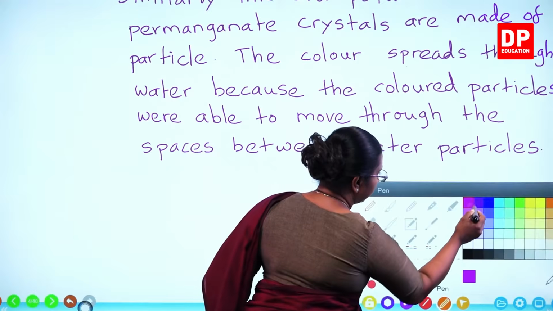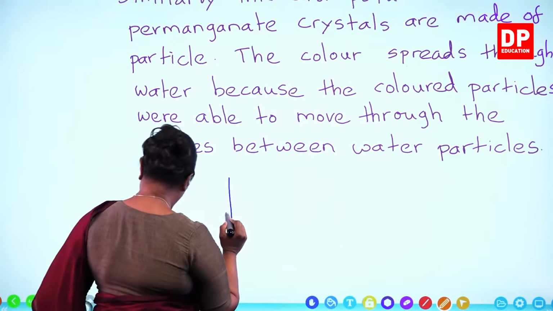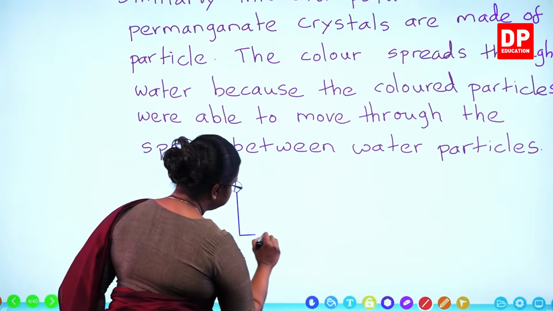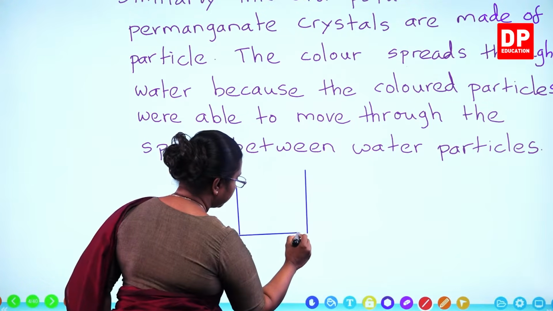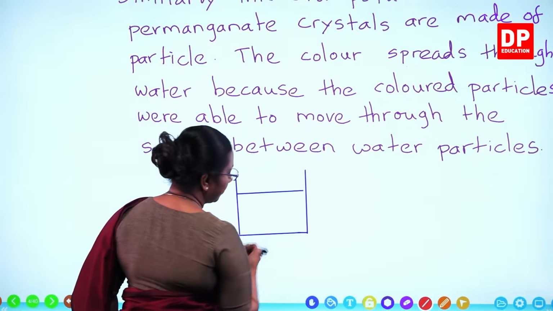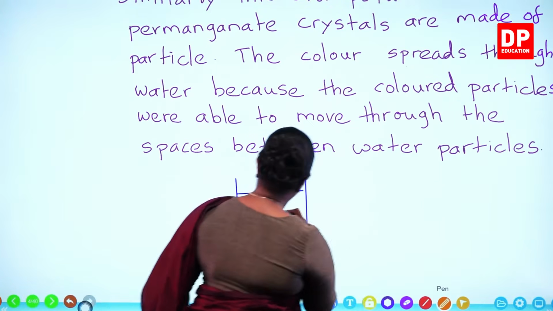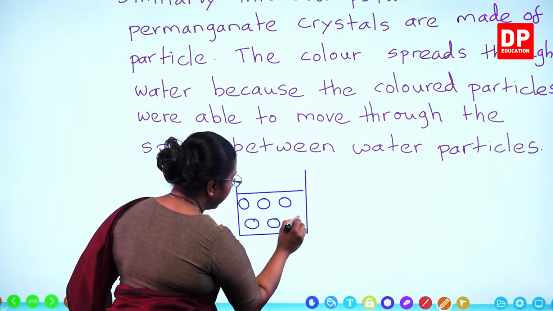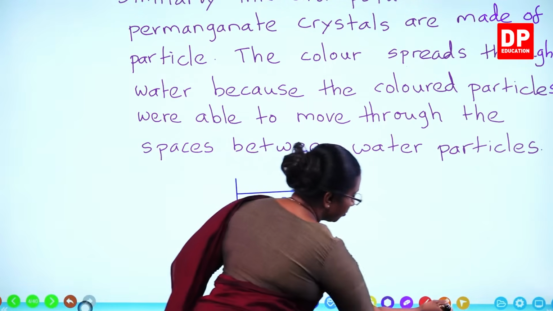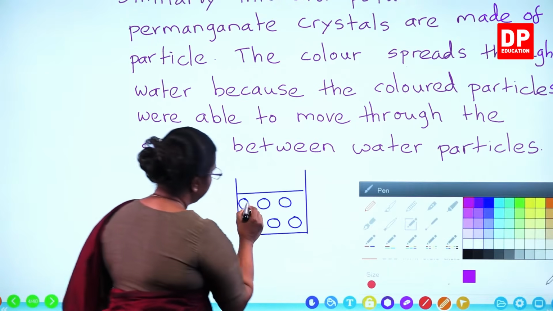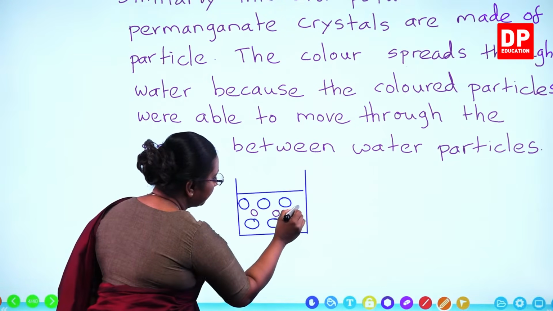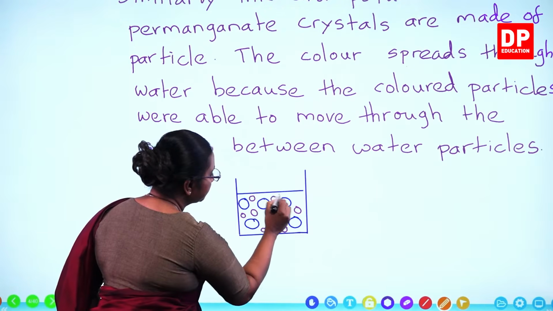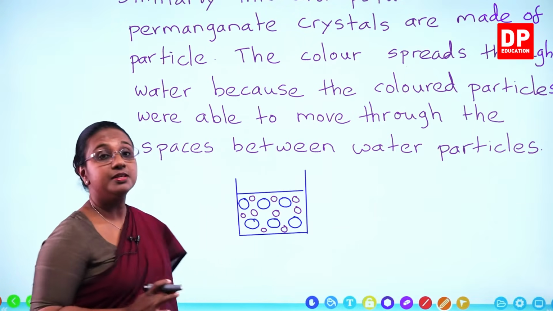So you can remember students, now we have the beaker that has water in it. So there are water particles like that and there are spaces. So what happens? The potassium permanganate particles or the ink particles are able to spread through the spaces.